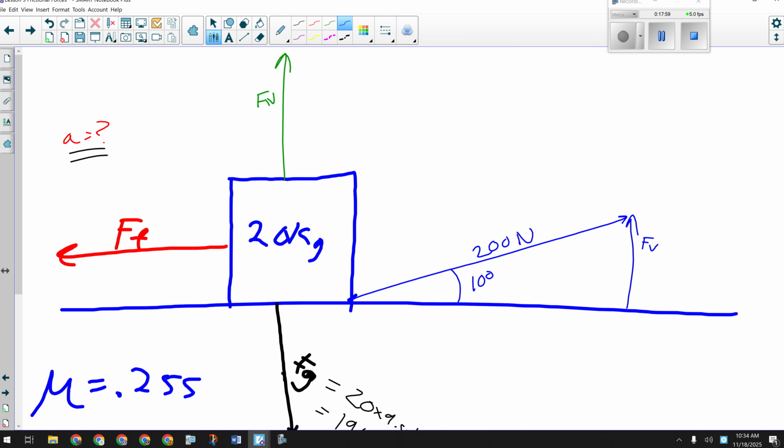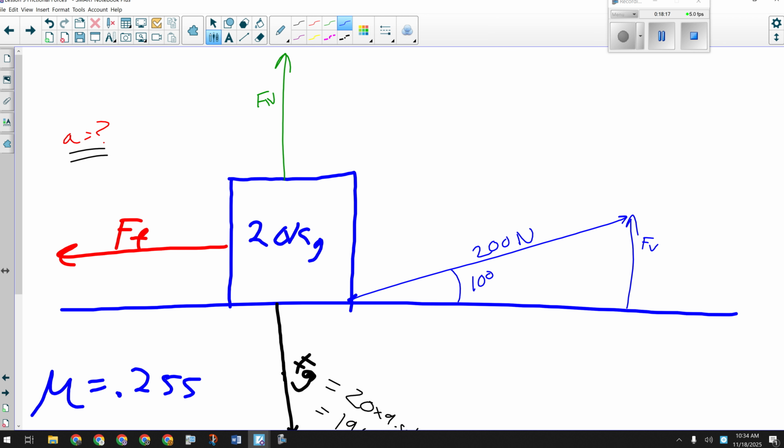So this force vertical and the normal force have to add up to this number here. Would you agree? The box isn't moving vertically at all, is it? I'm just pulling it along the floor. Okay? So that means the upward forces and the downward forces cancel each other out.